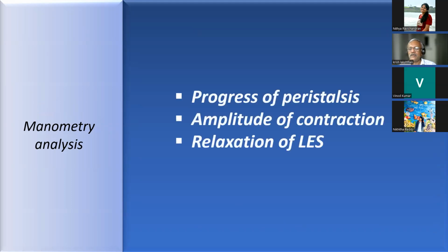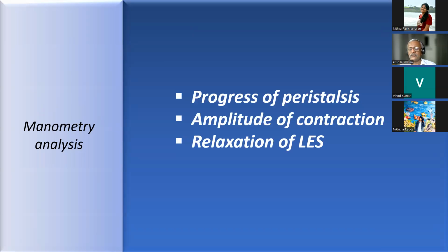All that you're looking at is the progress of the peristalsis, whether it is peristaltic or not. If there is no coordinated progressive increase in the contractile pressure down the esophagus, then it is not a peristalsis. It would be a segmental contraction.